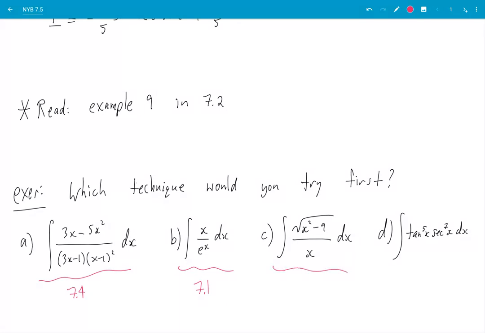C is a classic trig sub. And then the last one I recognize as being a trig style integral from 7.2.